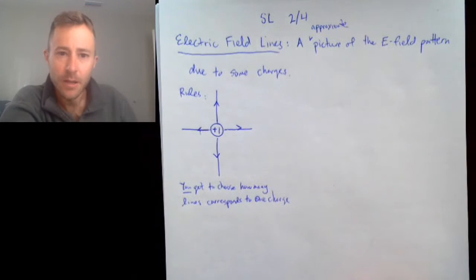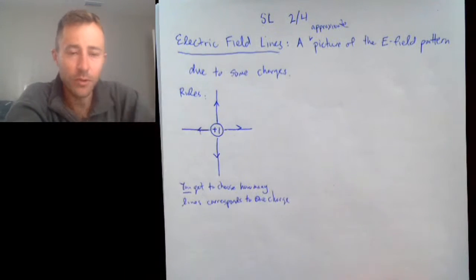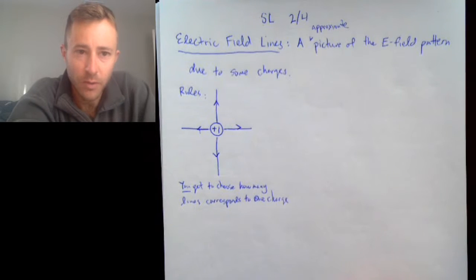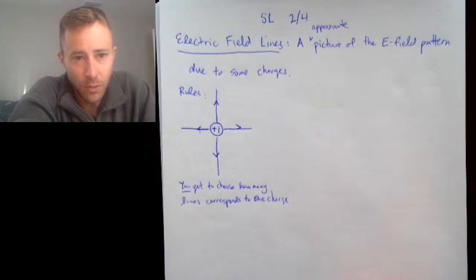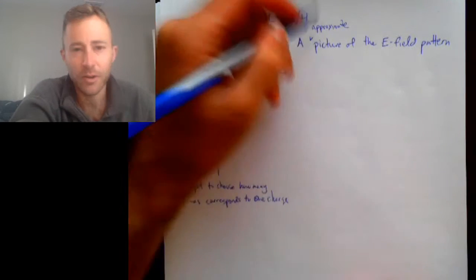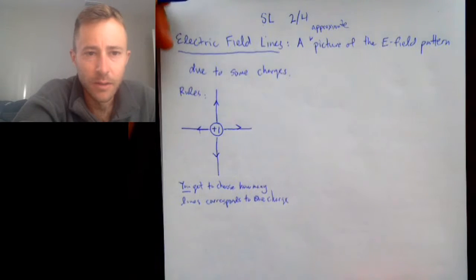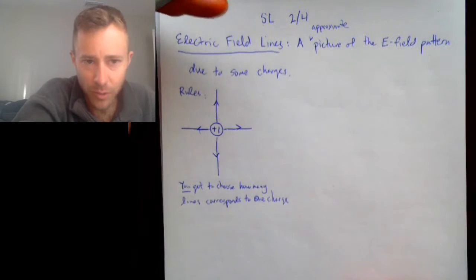All right. So I decided that +1 charge is 4 lines. I would probably not go fewer than 4 lines, okay, because then the picture gets really, really approximate, okay? So more lines is better within reason.